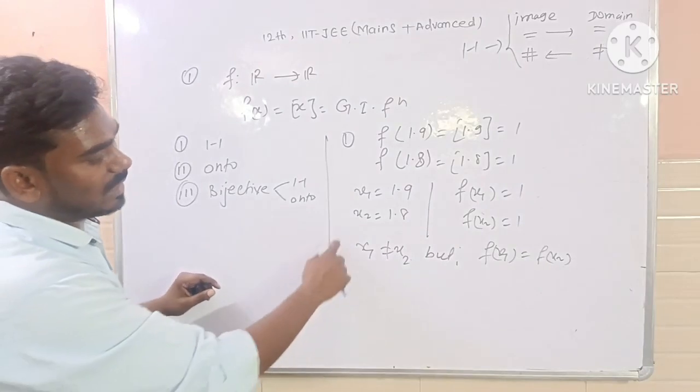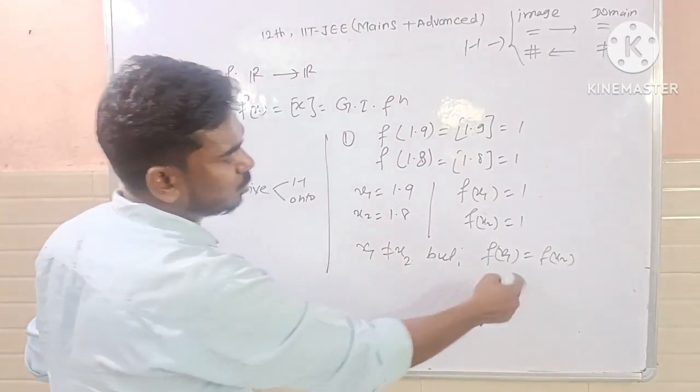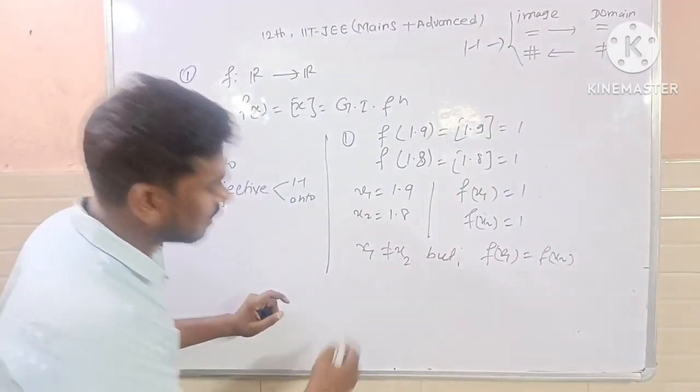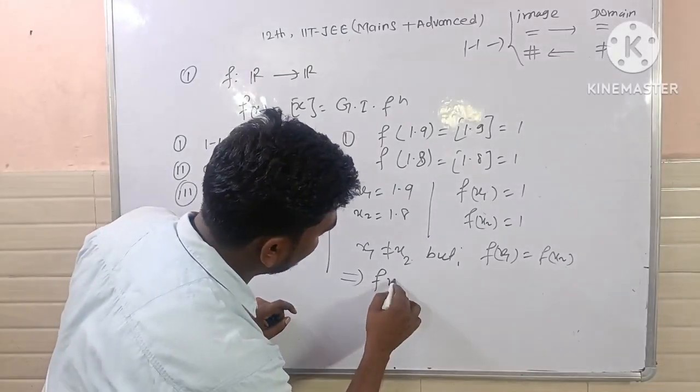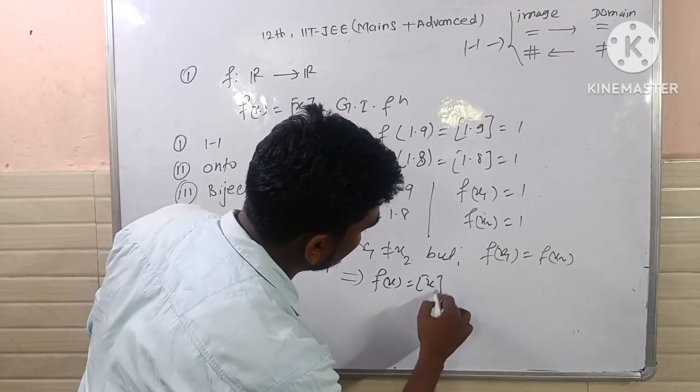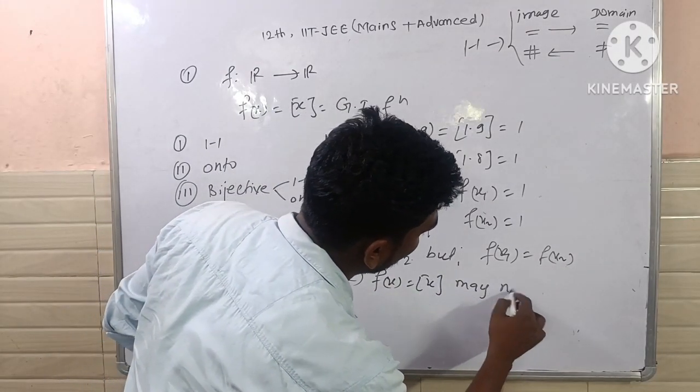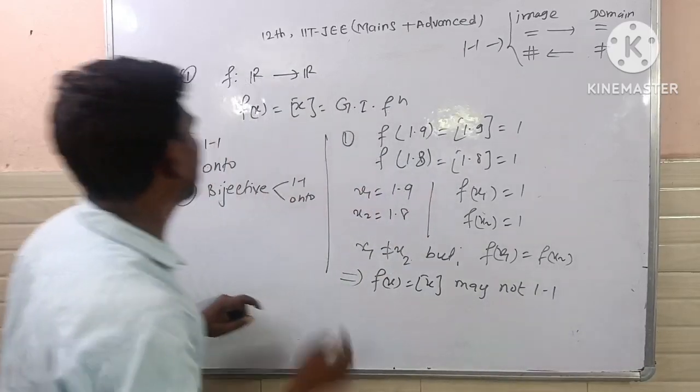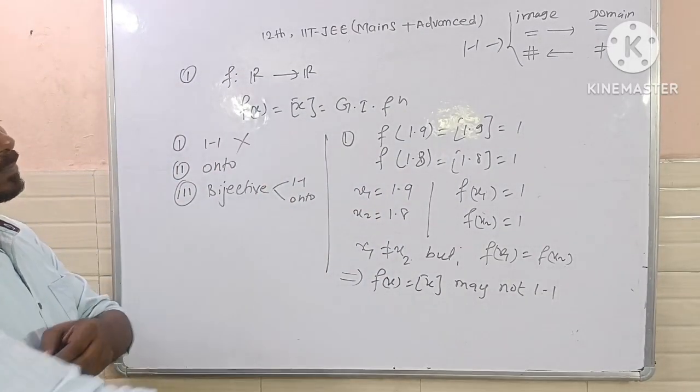But here the elements in the domain are different, yet we are getting the same images. So this function f of x equals the greatest integer function is not one-one.